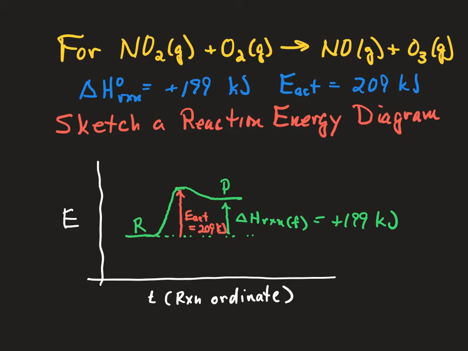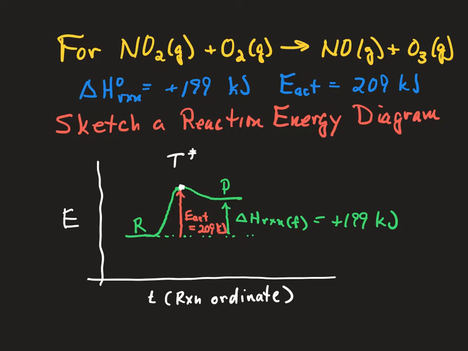Okay? And remember, right, every point along that curve corresponds to an arrangement of atoms. The arrangement of atoms that corresponds to that peak we call the transition state, sometimes shown like that. So the transition state is an arrangement of atoms that corresponds in energy to the peak of that activation energy barrier between the two, right?